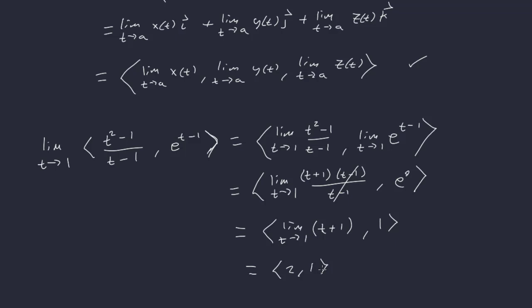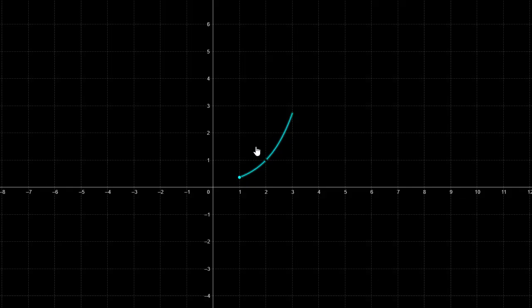Okay, so the question might be, well, what does this actually mean exactly? It just depends on whatever this particular vector-valued function looks like. So let's see. All right, so here in blue is actually the graph of the vector-valued function from t equals 0 to t equals 2.